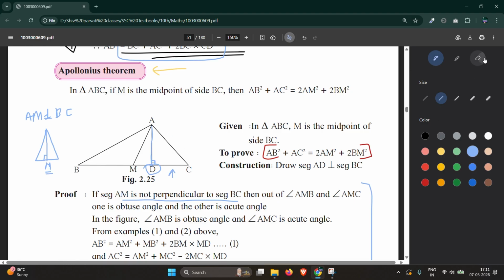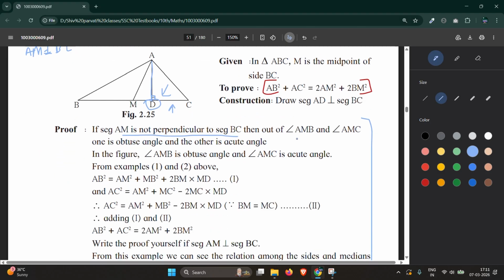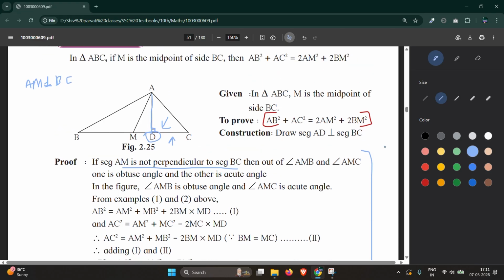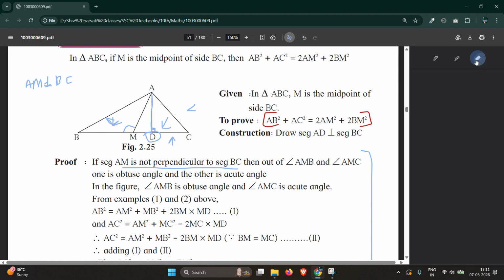But in this case, M is the midpoint but that is not perpendicular, and the perpendicular point is this D point over here. So this is the scenario we are considering. In that scenario, one side of M will be an obtuse angle, greater than 90 degrees, and the other side will be an acute angle, less than 90 degrees.